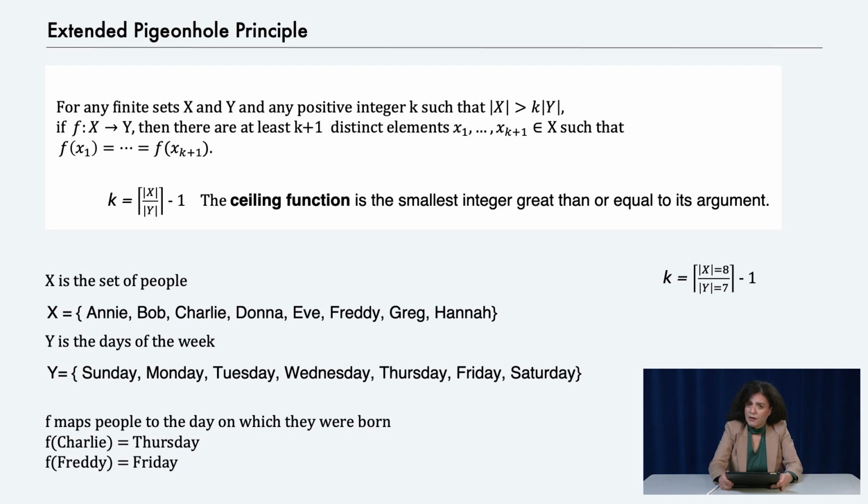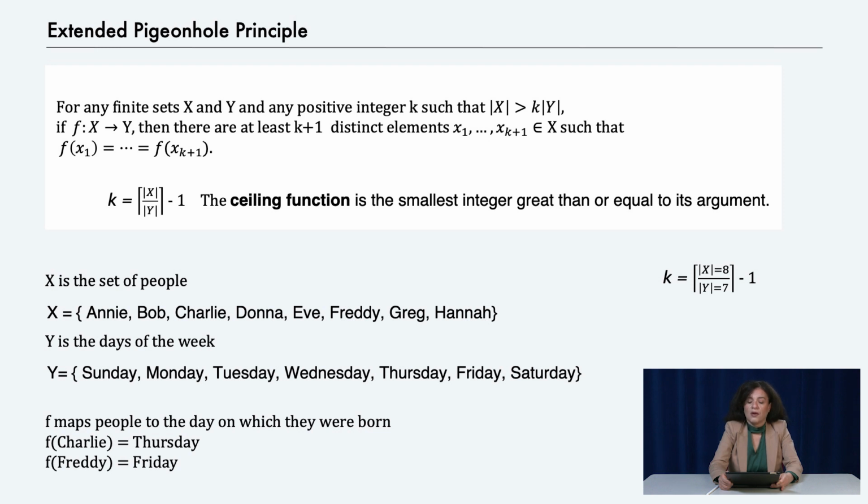In particular, for k we will use the ceiling function. The ceiling function takes an argument and maps it to the smallest integer greater than or equal to it.